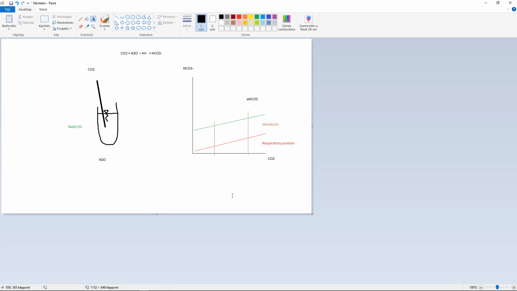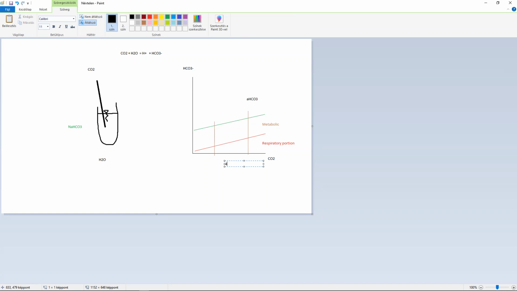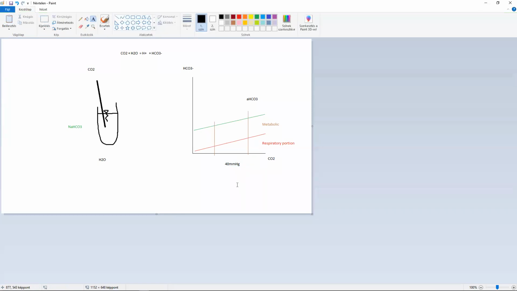To eliminate the changes of the respiration, what they did, they said that, okay, I want to set the bicarbonate value at a PCO2 of 40 mmHg all the time.